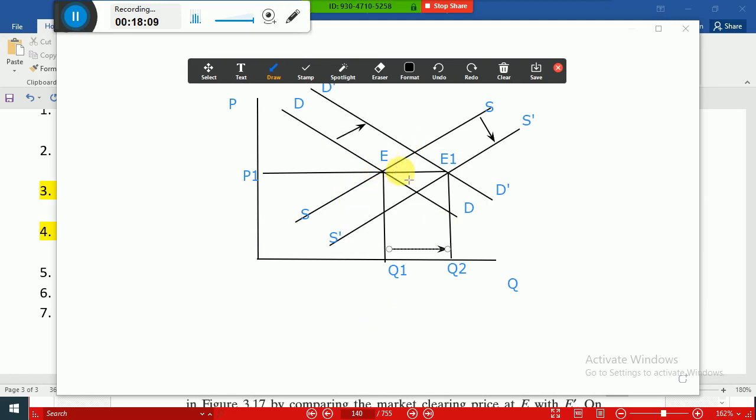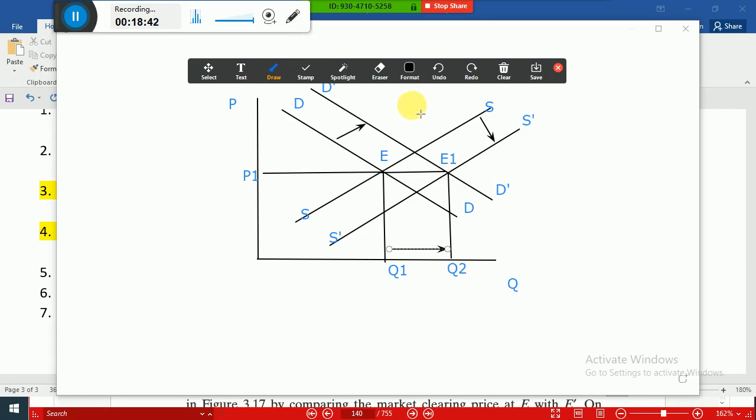So we will again start with initial situation E, and now both demand and supply curves will shift in the opposite direction because now we are considering a decrease in demand and supply. So the new demand curve will shift downward or leftward and the new supply curve will shift upward or leftward.